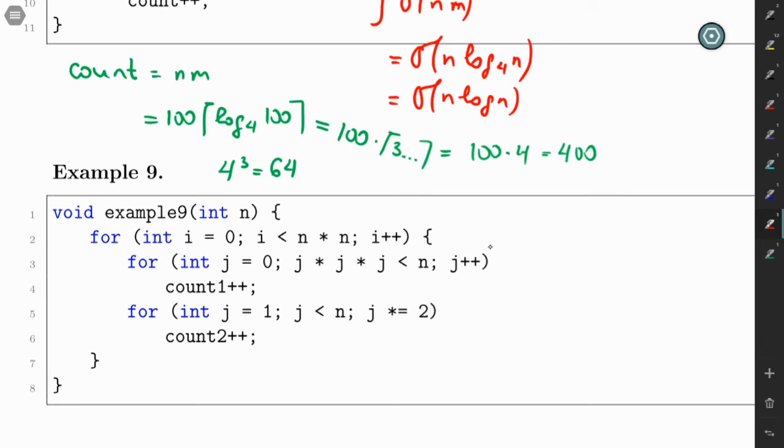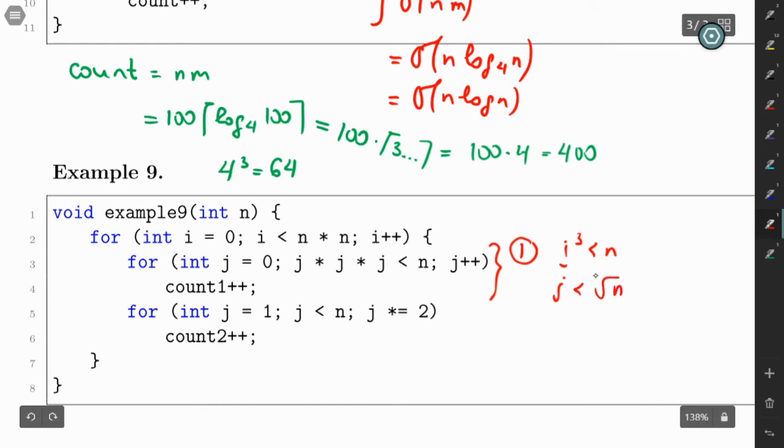This one here, we have already done this type of analysis. It's going to be j cubed is less than n, so we want j to be less than the cube root of n. So this one here is going to be O of cube root of n.